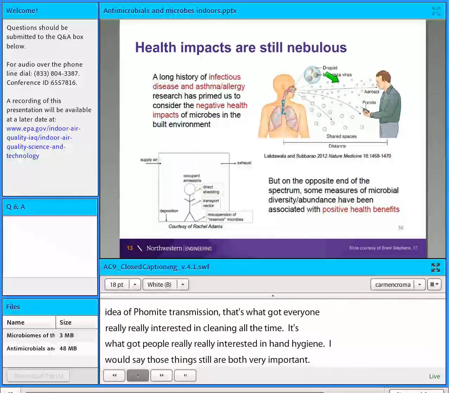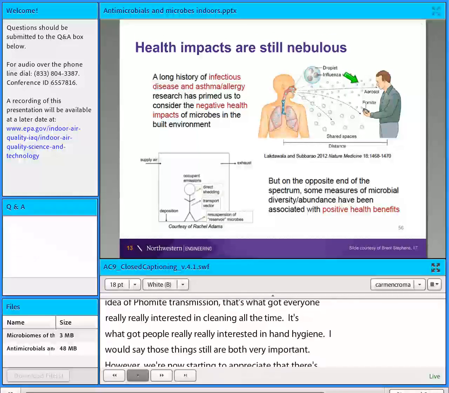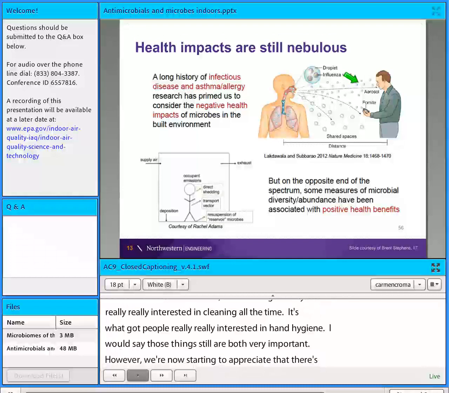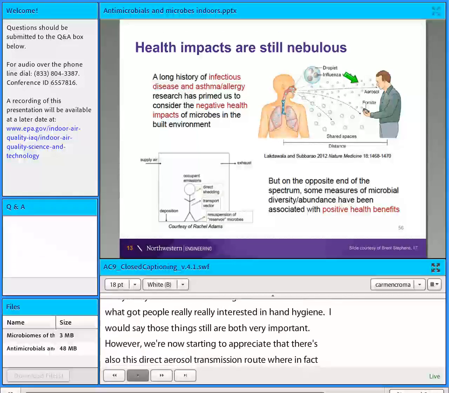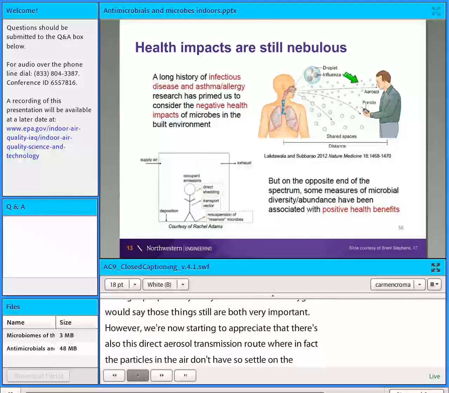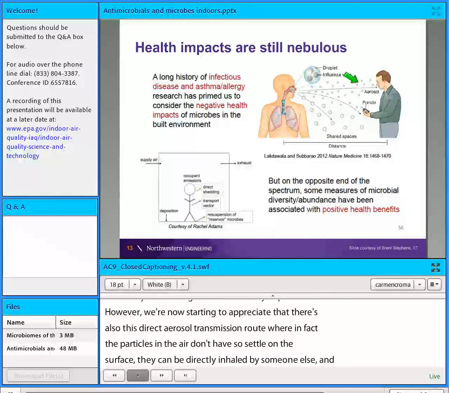However, we're now starting to appreciate that there's also this direct aerosol transmission route where, in fact, the particles in the air don't have to settle on a surface. They can be directly inhaled by someone else, and that constitutes a type of or a path of infection transmission.